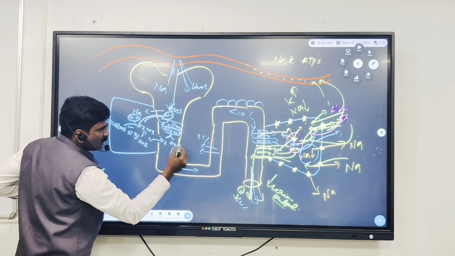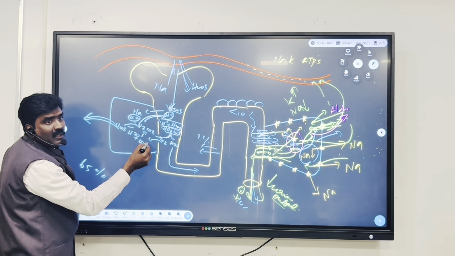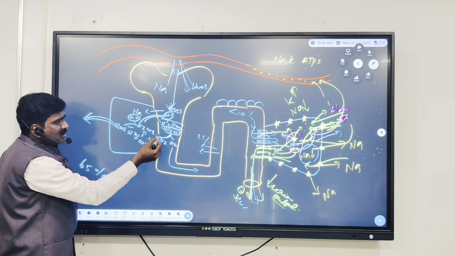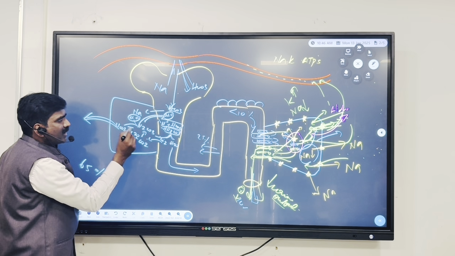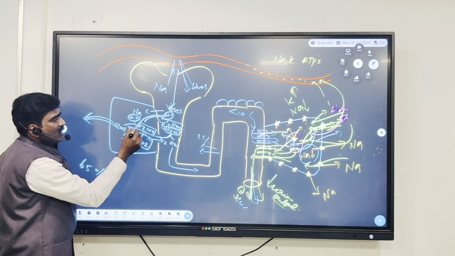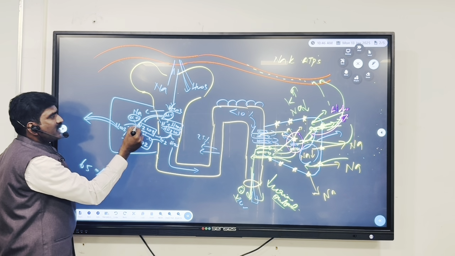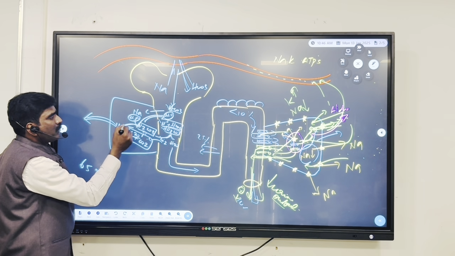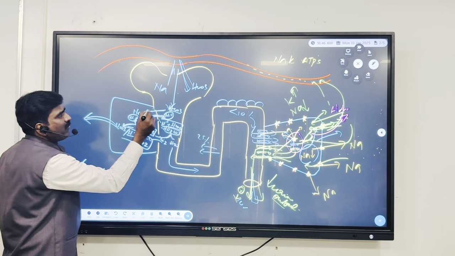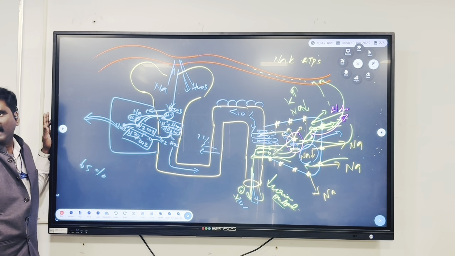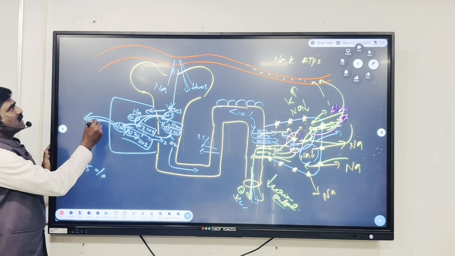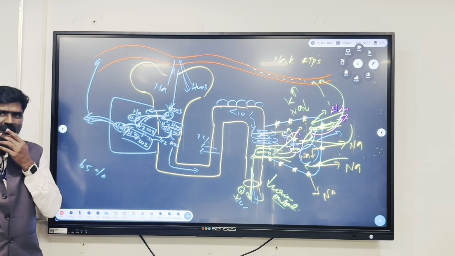Water has gone out. Carbon dioxide enters the cell, right? And this carbon dioxide combines with intracellular water to form H2CO3, and this H2CO3 dissociates into hydrogen ion and bicarb ion. This hydrogen ion enters in exchange for sodium, and this bicarb now comes out of the cell and enters the circulation.